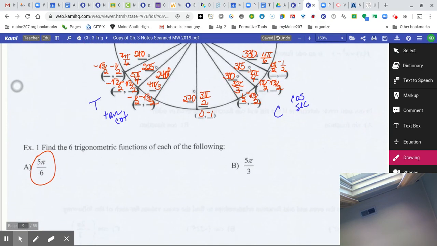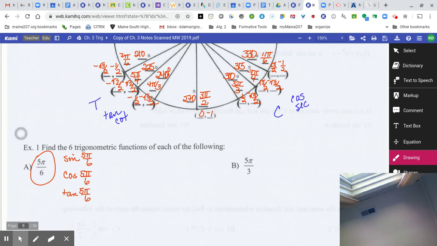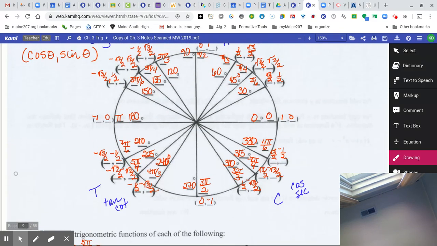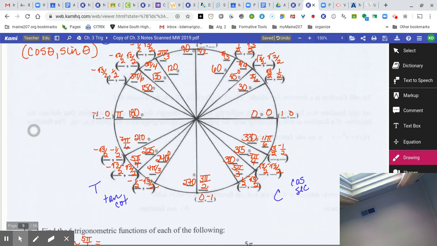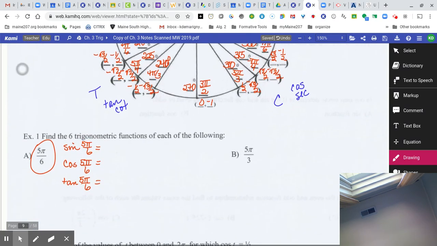They're going to ask me for the sine, cosine, tan, and then the cosecant, secant, cotan. So the sine of 5 pi over 6, the cosine of 5 pi over 6, and the tan of 5 pi over 6. And so all I need to know is, well, what are those values? If you're looking at 5 pi over 6, you're looking at a 30-degree reference. Just make sure you remember your signs.